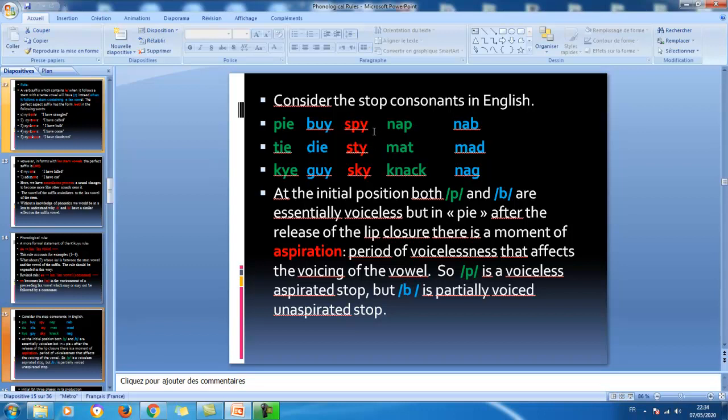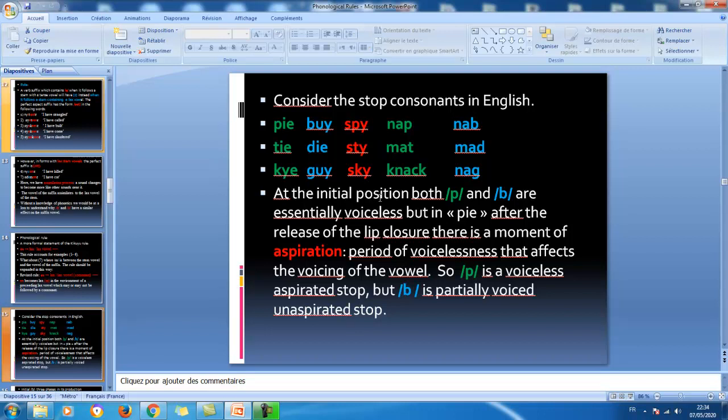But we don't have sd or sb or sg. This sequence of sounds is not allowed in English. So this is what we call a constraint on the sequence of sounds in English.